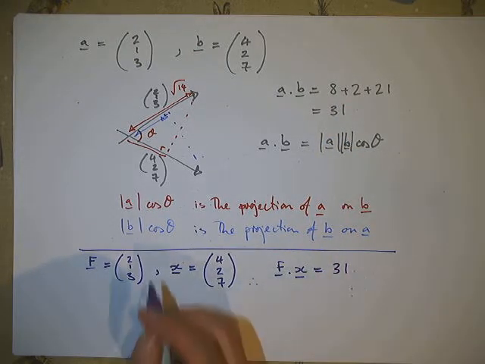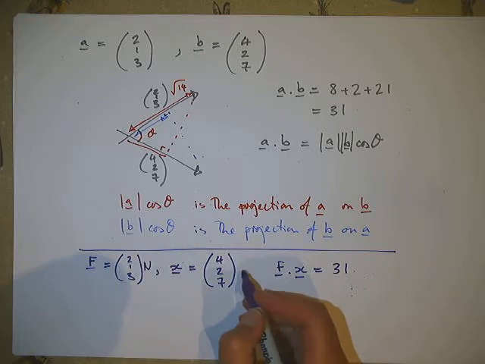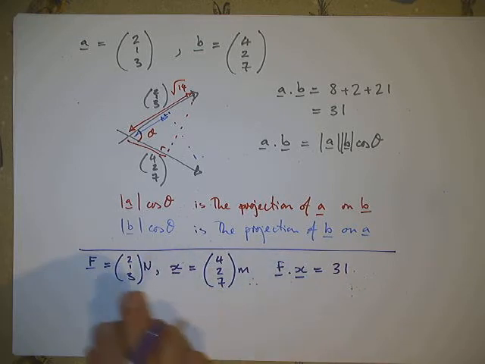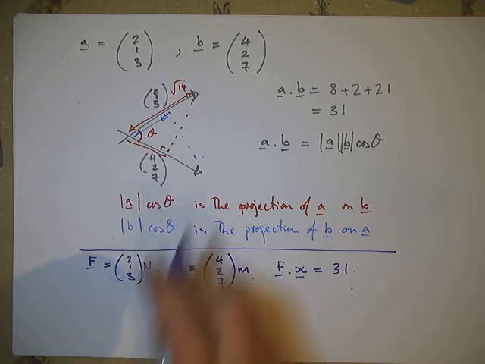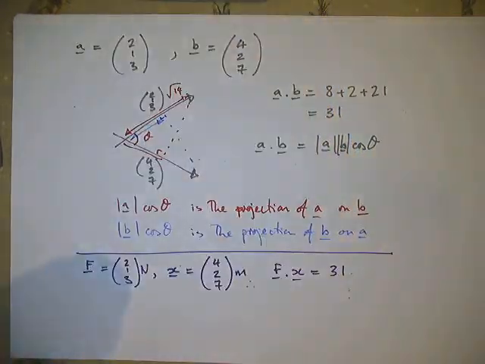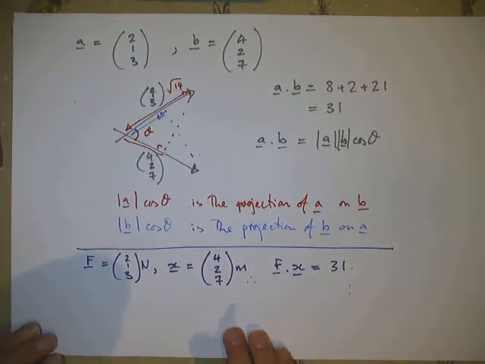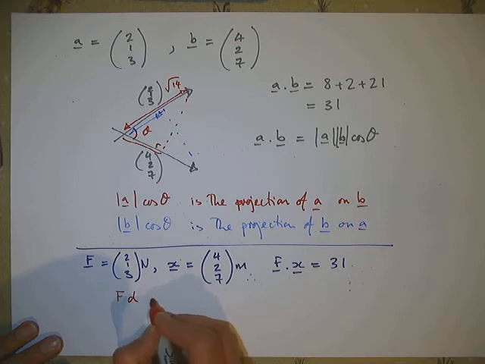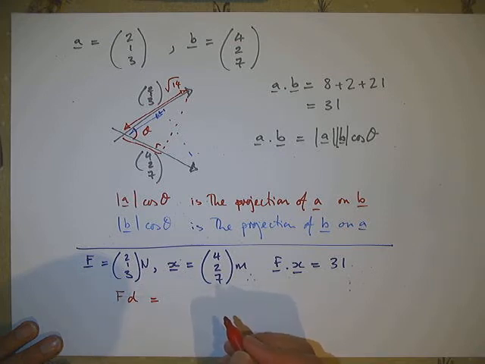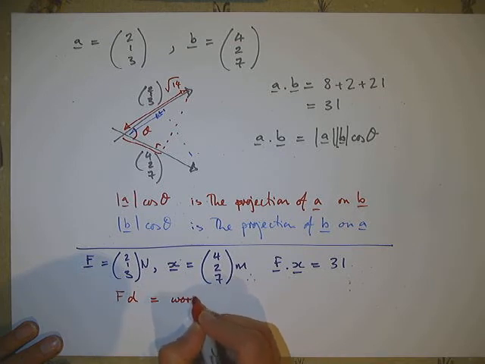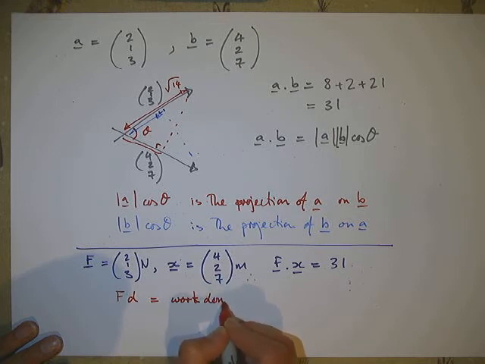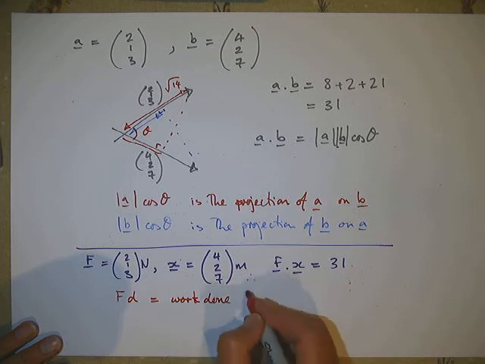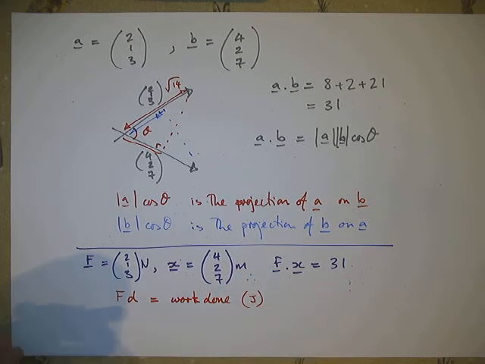What context could we possibly give to that? We have previously said, I'm going to change pen, we've said in scalar notation, and see if hopefully you can guess where this is coming. We've previously said that a force multiplied by a distance is work done, which we've measured in joules.